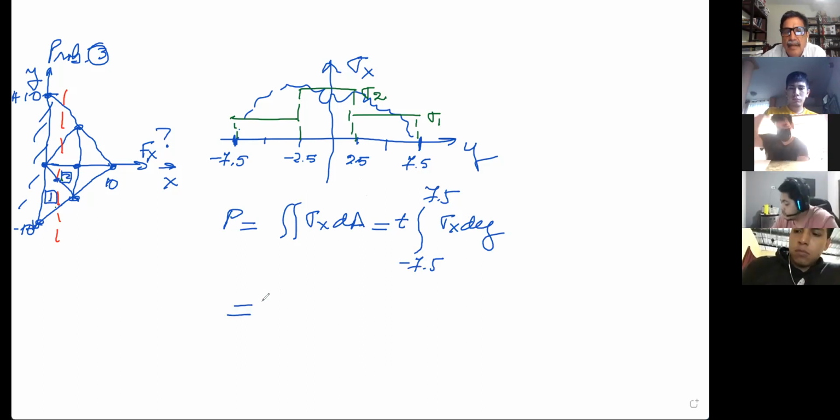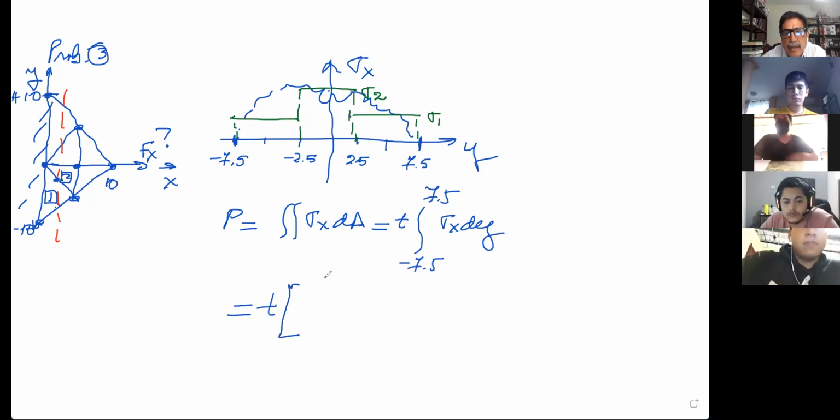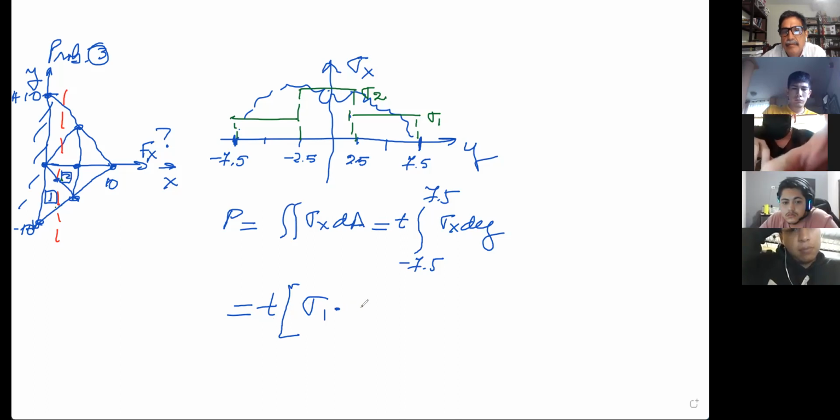And how do you calculate that? You see that from here to there is constant, and from here to there is constant. So that's simply equal to what? Sigma 1 times what? Anybody? 7.5 minus 2.5. Exactly. Plus sigma 2 times minus 2.5 plus 7.5.